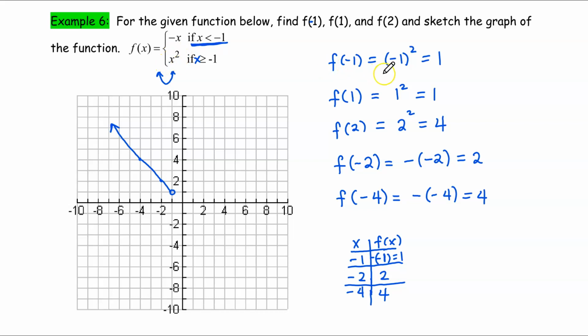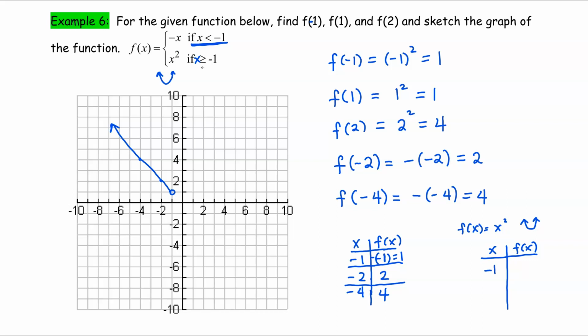Okay, so also here, for the second part, f of x equal to x squared, you know that the graph would look like that, and we plug in values here. We would also start at -1, just to make sure that the two graphs will connect, or if they don't connect, they will have different values.